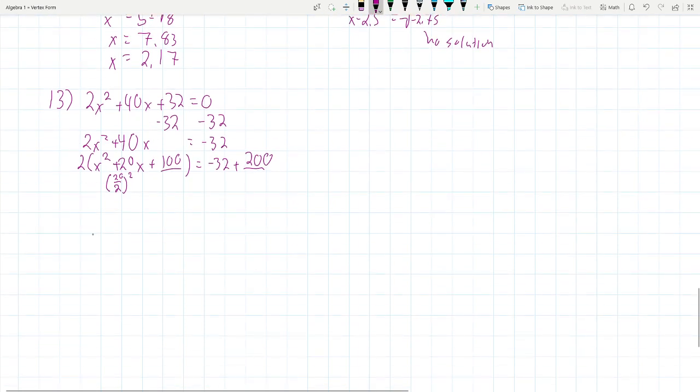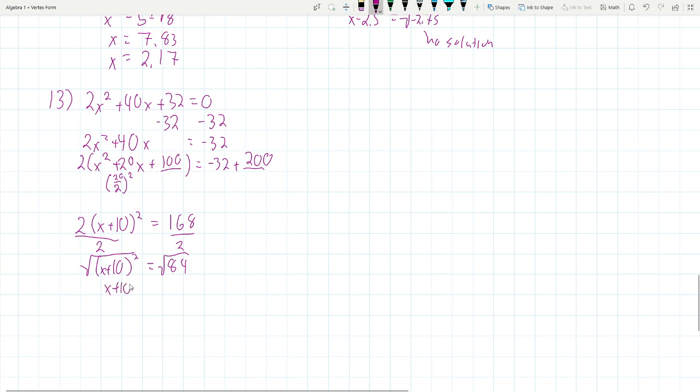And so I get x plus 10 squared equals 168. This has a 2 on the outside. Divide both sides by 2. And I get x plus 10 squared equals, that winds up being 84. Square root both sides.